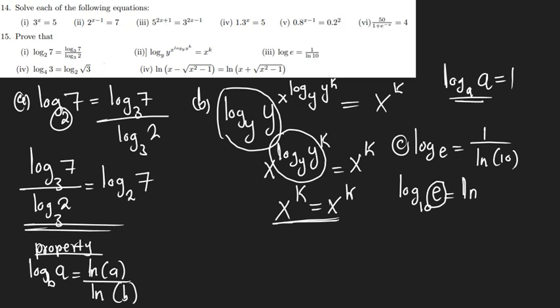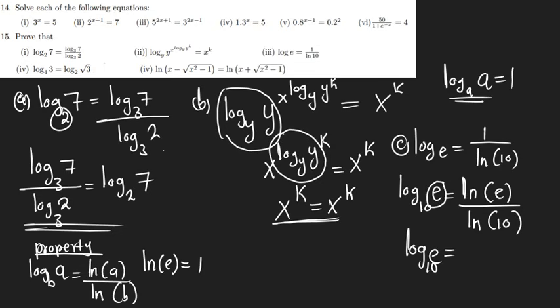So log base 10, remember they didn't put base 10 there. If they don't put the base, you assume it is 10. So this is the same as ln e over the natural log of 10. But we know that the natural log of e is 1. So log base 10 of e is the same as 1 over ln 10.